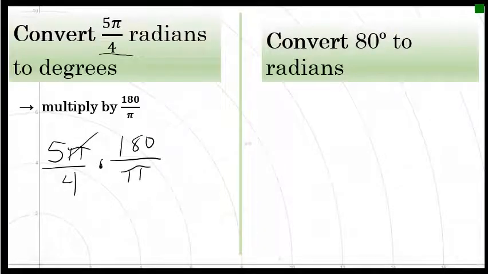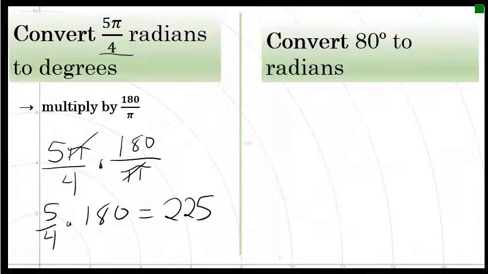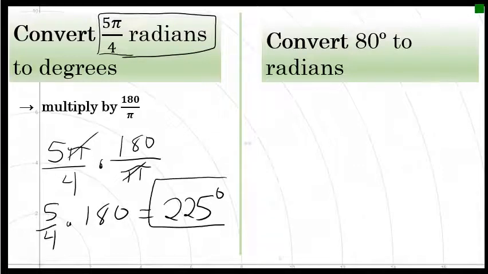In this situation, the pi's are going to cancel out, and I'm left with 5/4 times 180, and 5/4 of 180 is 225. An angle that measures 5 pi over 4 in radians is equivalent to an angle that measures 225 degrees.